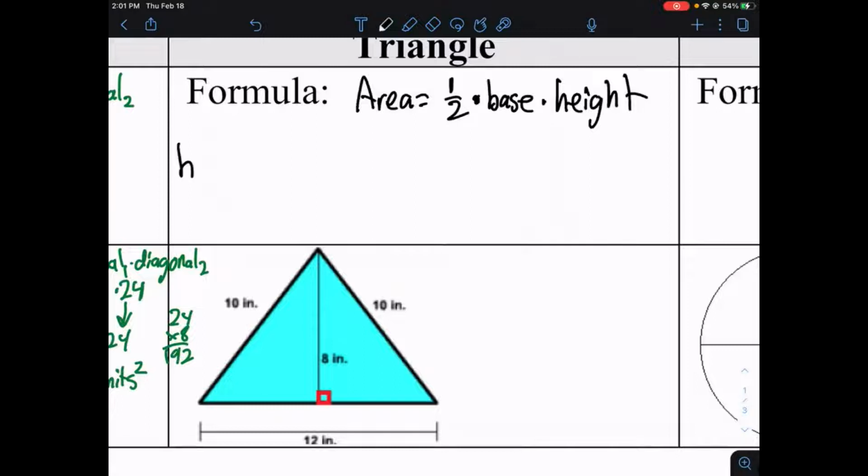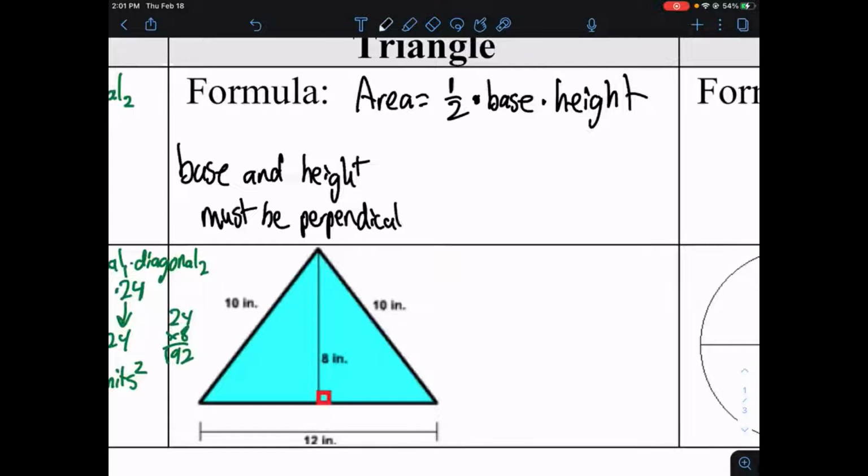Okay, and again, base and height must be perpendicular. Okay, so this will probably be the last time we write it, but it's always going to be true. For all of these shapes, we need to make sure that the base and height are perpendicular to each other.